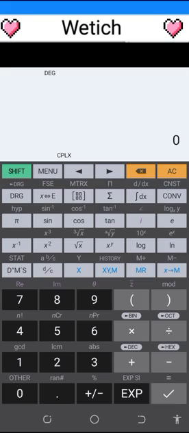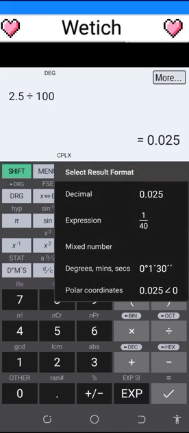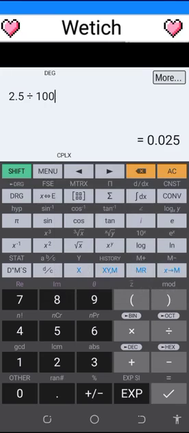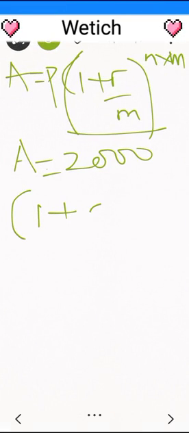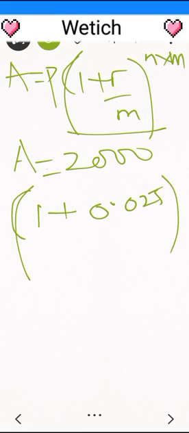On our calculator, we'll say 2.5 divided by 100. Now what do we have? We have 0.025.